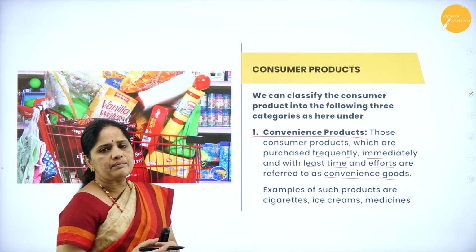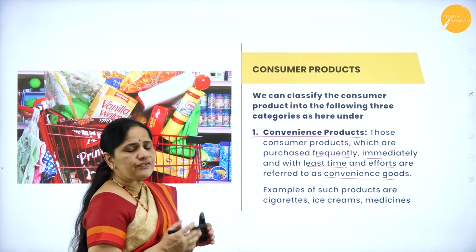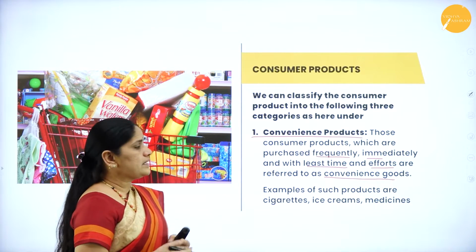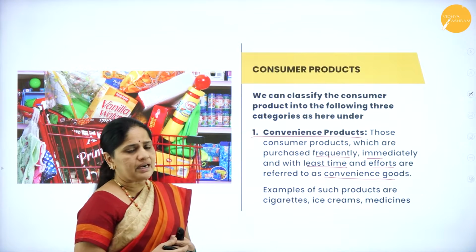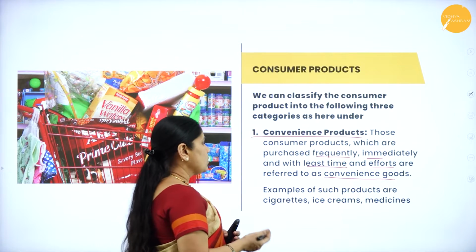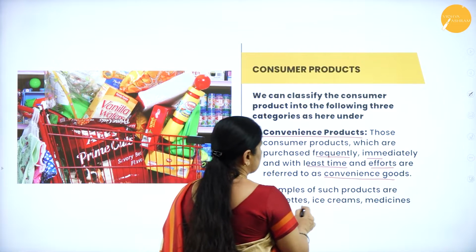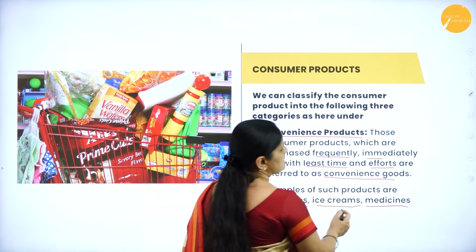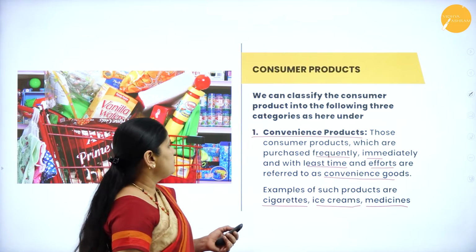Whatever is there in the market, we just buy it and come. We don't spend much time and effort on this, so they are called convenience goods. Such products are cigarettes, ice creams, medicines, etc. All these come under convenience products.